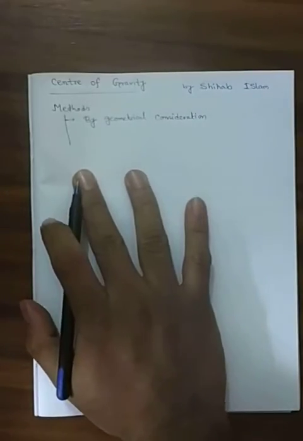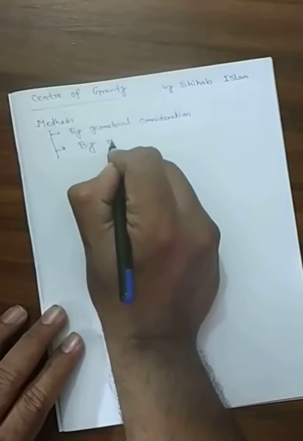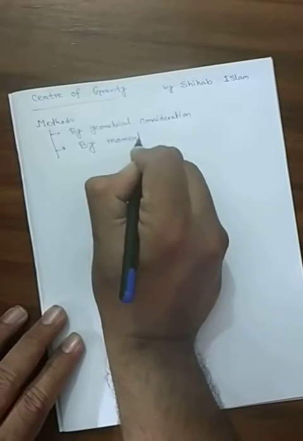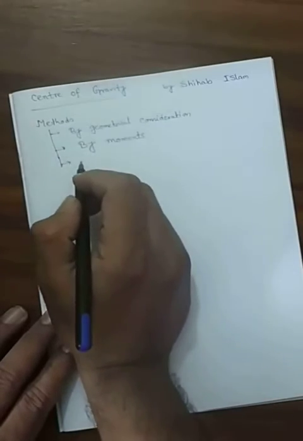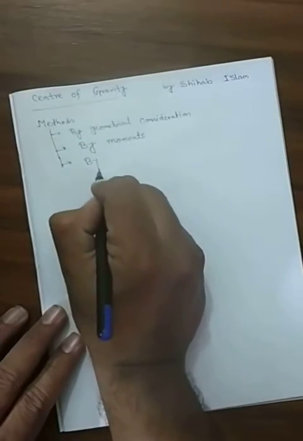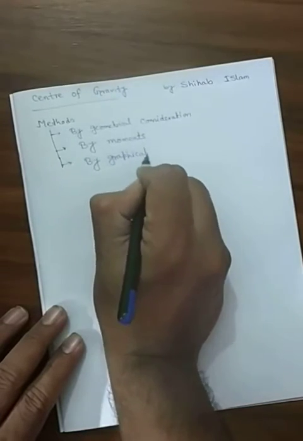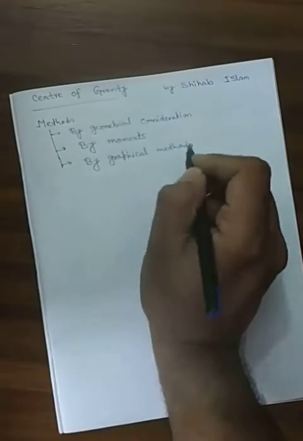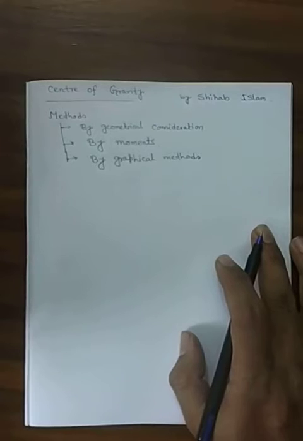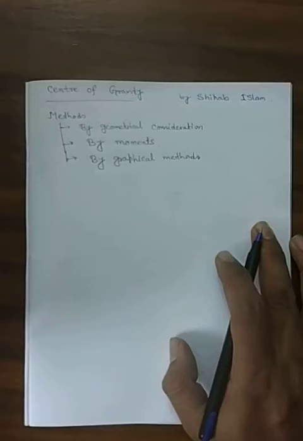Number two is by moments method. And number three is by graphical method. So these are the three methods that are used to find the center of gravity of any body.